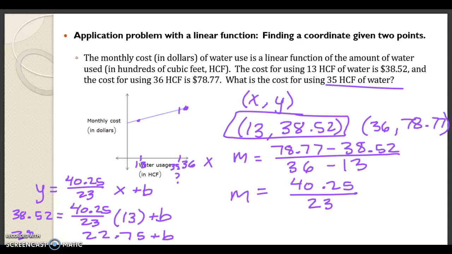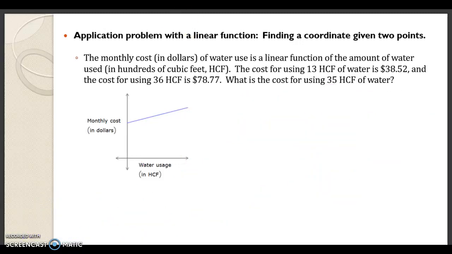So I'm going to subtract 22.75 from 38.52 and get b equals 15.77. So I'm going to go ahead and clear all this.